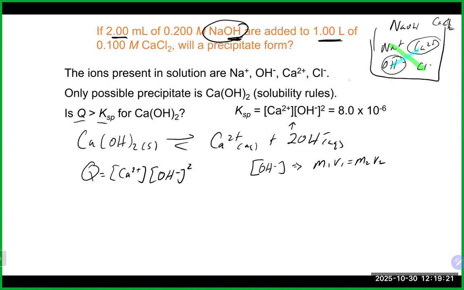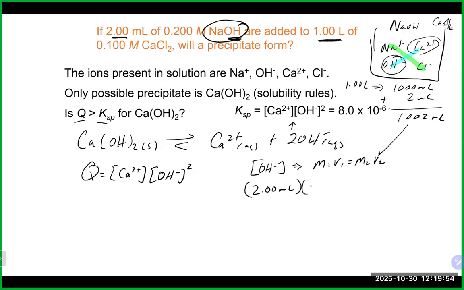So 1 liter is 1,000 milliliters, right? And then we're going to add basically 2 milliliters of our other solution. So we're going to end up with 1,002 milliliters, or obviously if you went to liters, 1.002 liters if you did it in liters. So that is going to be our final volume, right, when we put it together. So for the hydroxide here, we used 2 milliliters of it.